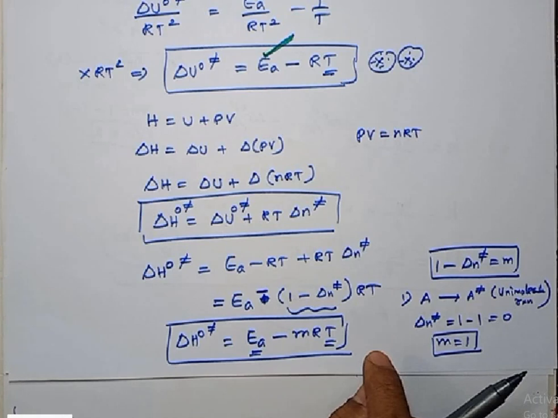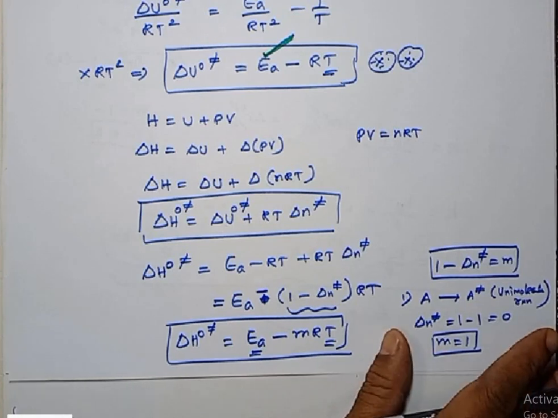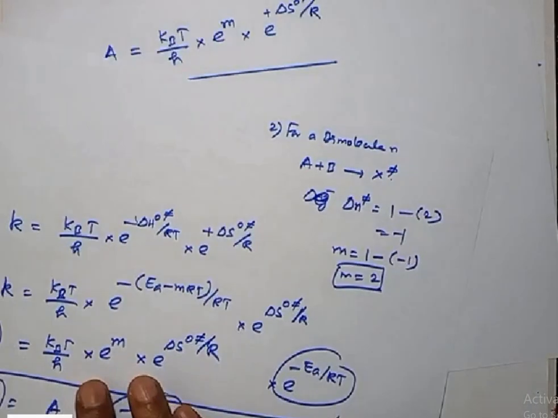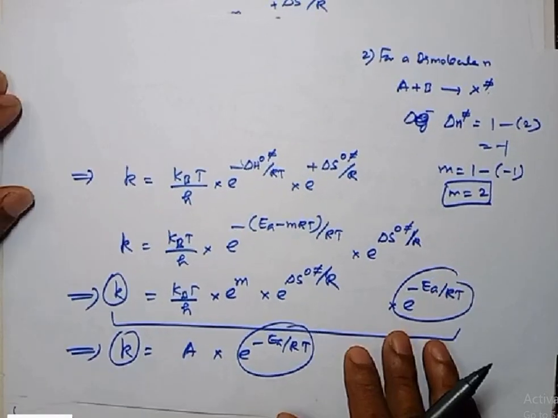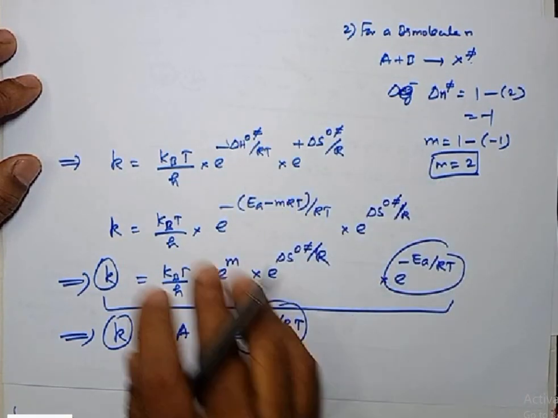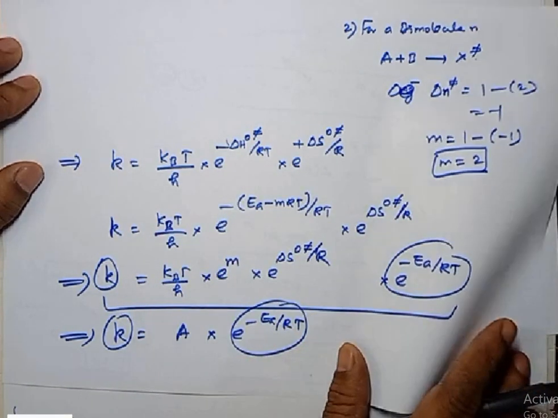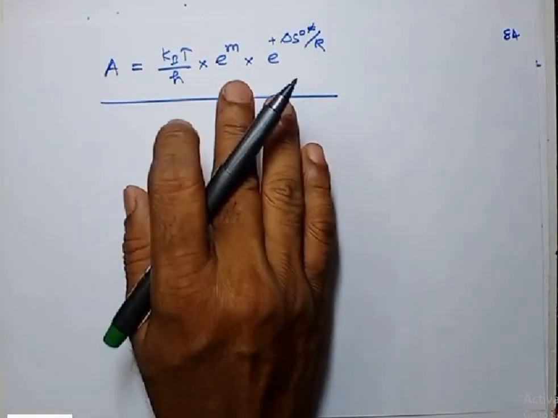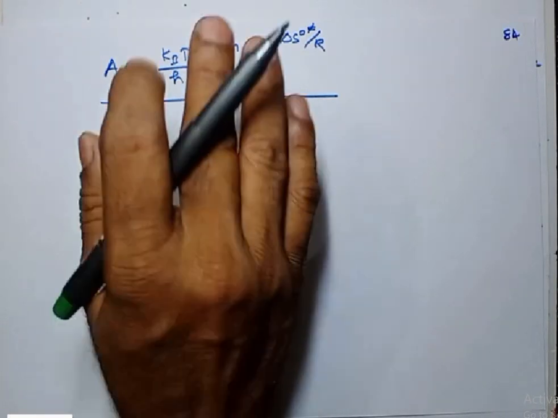If M is equal to 2, it is a bimolecular reaction. If I substitute delta H naught double dagger in this place and make some rearrangement, we end up with this expression finally. This is where we stopped our last session.